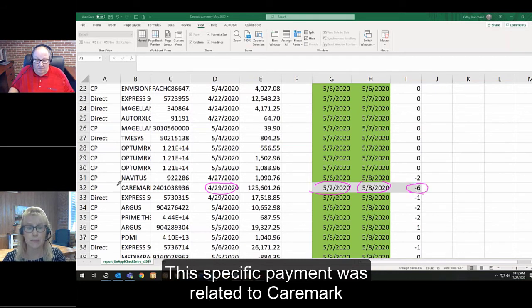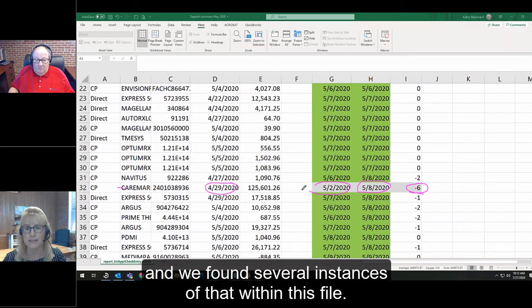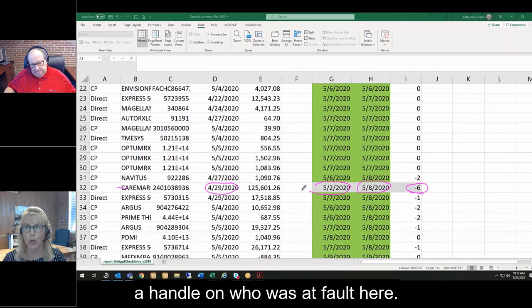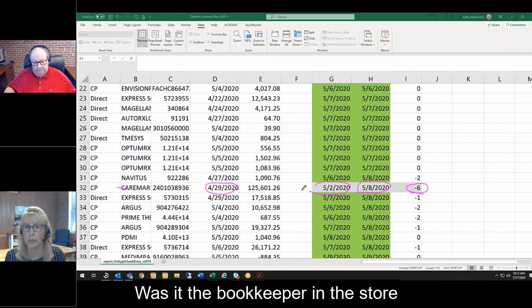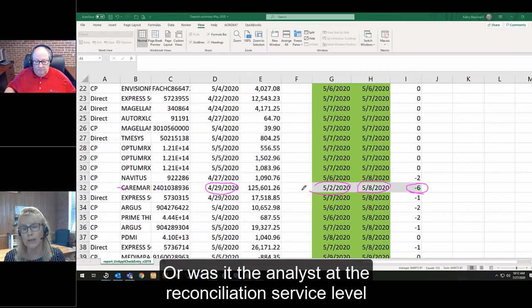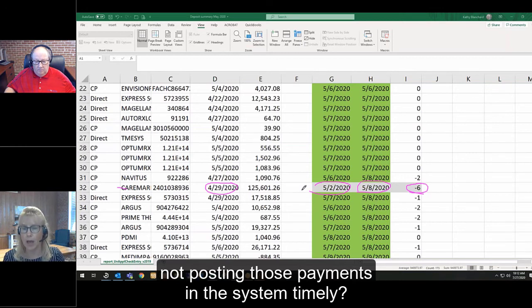This specific payment was related to a Caremark, and we found several instances of that within this file. We couldn't quite get a handle on who was at fault here. Was it the bookkeeper in the store not doing their part timely, or was it the analyst at the reconciliation service level not posting those payments in the system timely?